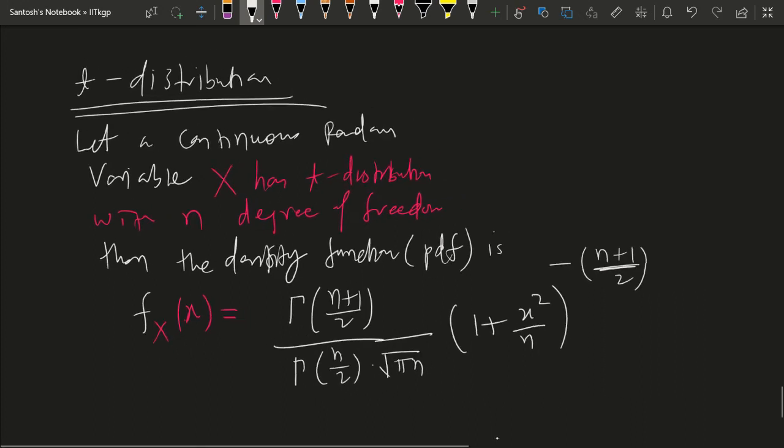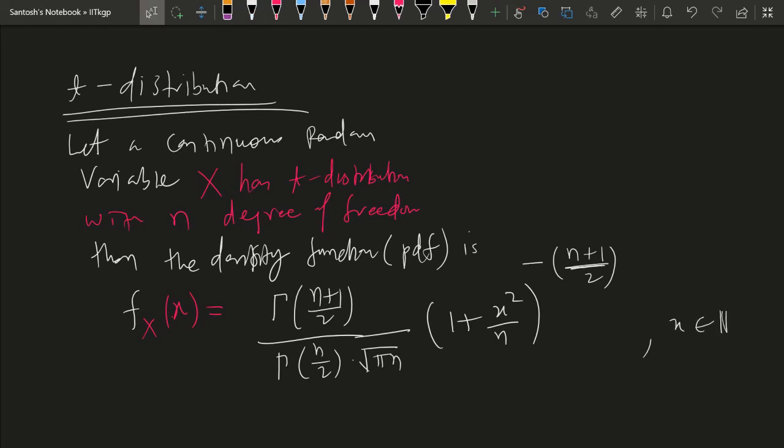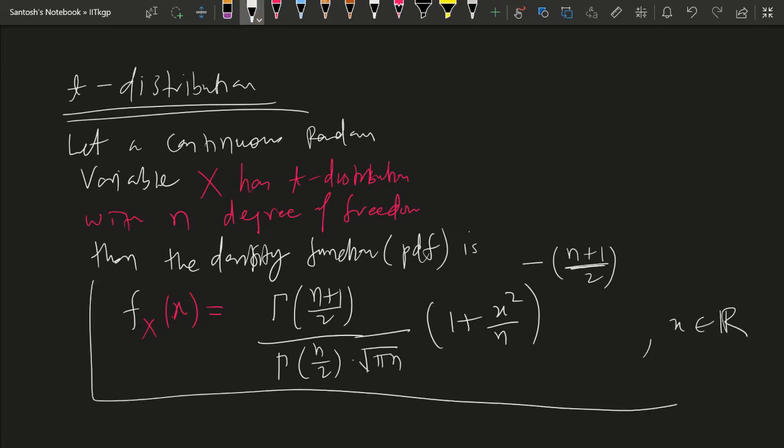Okay, and what is the value of x? So x can be any real number here. So this is a PDF of t distribution with n degree of freedom.